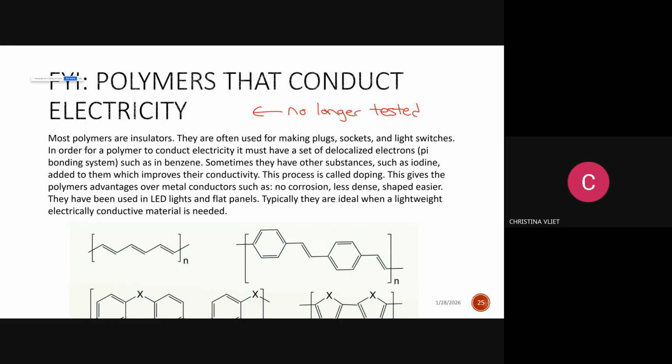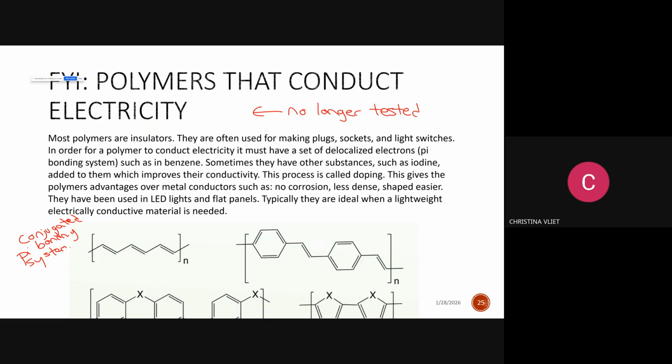And so there are actually polymers that can conduct electricity. And what they need is something called a conjugated pi bonding system. What does that mean? A conjugated pi bonding system is necessary for you to have a polymer that can conduct electricity. Meaning just like a metal, just like graphite, you can actually construct, as a chemist, a polymer that can conduct electricity.